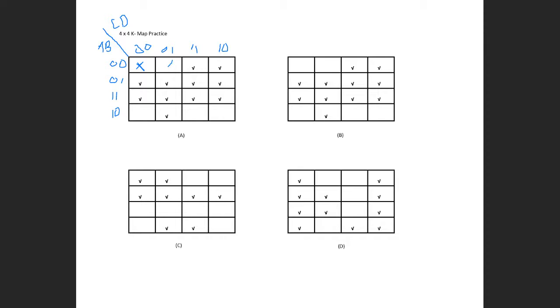This cell would be 0, 0, 0, 1, and so forth. So you should know how to write the binary value in each cell. That's important because the KMAP actually connects to the truth table. And the way you connect to the truth table with the KMAP is by the binary number for each cell. And I'll show you that on Friday.